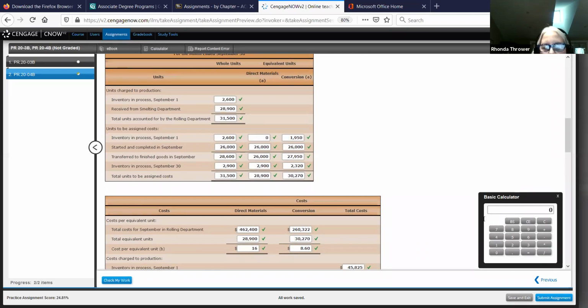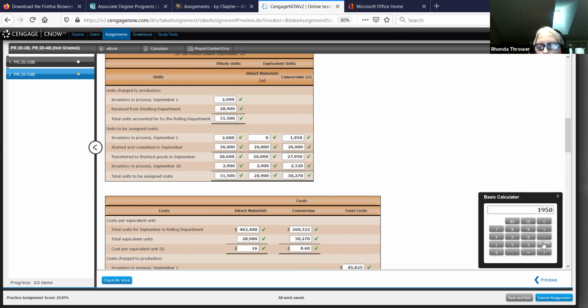So we're going to take our equivalent units of 1950 and multiply those equivalent units, the conversion that we're talking about here, by the conversion cost per equivalent unit, which was $8.60.